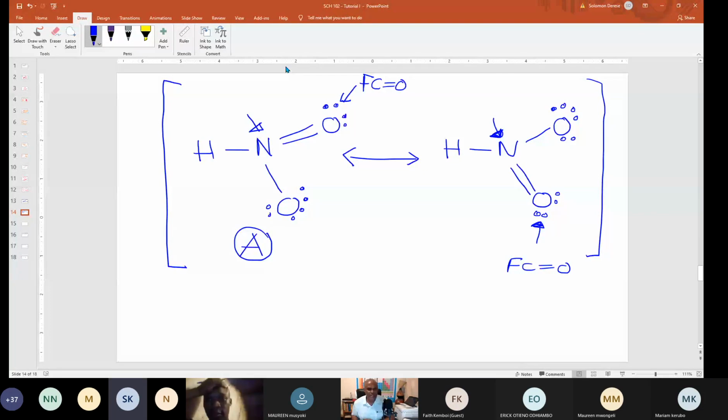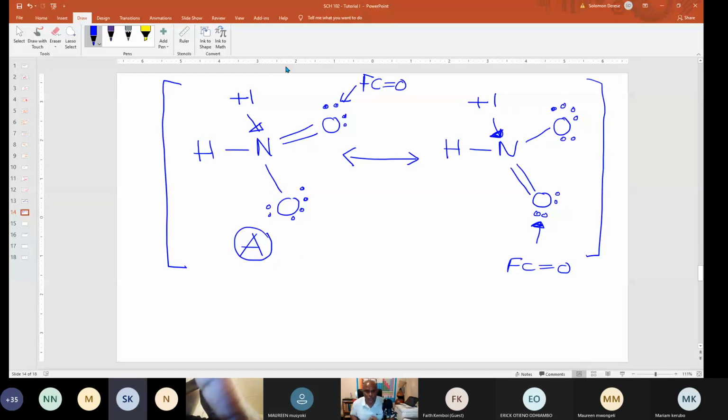How many bonds does nitrogen usually form? 3. It has formed more than 3. Since it has formed more than the number of bonds it usually forms, it becomes positively charged. You can calculate the formal charge on that, you'll find it is positive. This one is also positive 1.